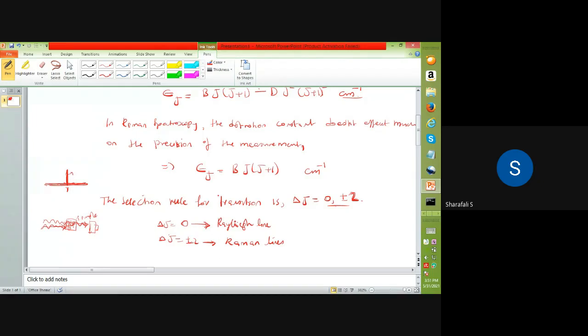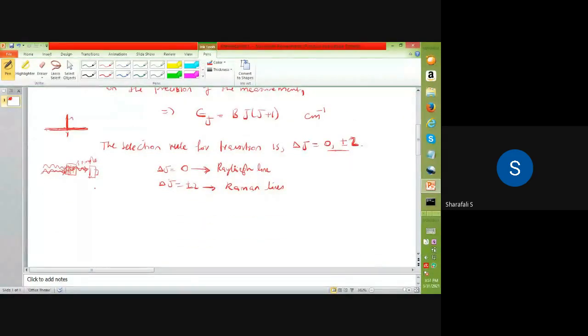And remember, why this 2 is coming instead of plus or minus 1 is that there is a symmetry associated with all these rotations. For example, if you consider an oxygen molecule and it is rotating, the molecule will possess the same symmetry twice in this rotation. The oxygen is at this position, then it comes back.